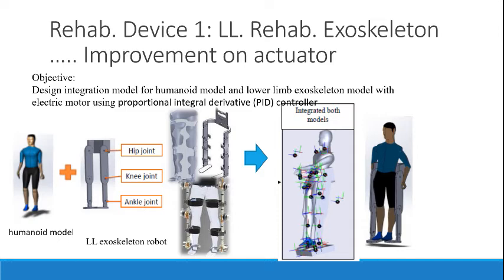Then after we do the simulations, we decide which is the suitable lower limb exoskeleton model, and then we integrate the two models. You can see on the right side the model after we import it into MATLAB using SimMechanics.